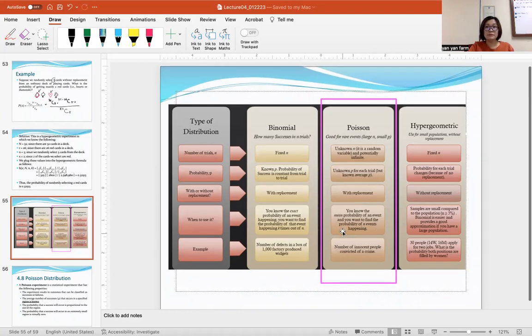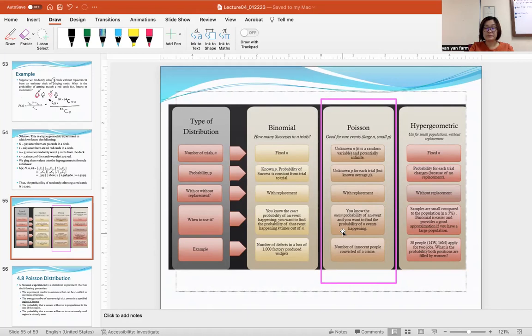For example, in Malaysia, let's say 80 out of 100 people are infected by COVID.